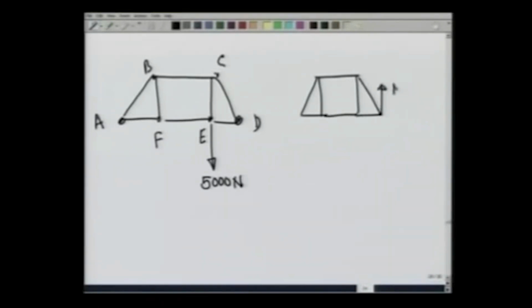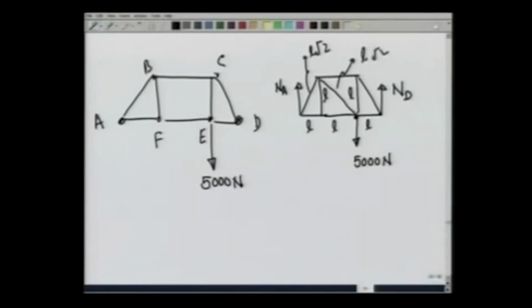Let the normal reaction at D be ND, let the normal reaction at A be NA, and there is this force acting downwards of 5000 newtons. I have not been careful in making this to scale, but let the length of these small straight rods be L, so that this diagonal rod is L root 2, this length is also L root 2 and so on. So, first thing I want to do is get NA and ND.